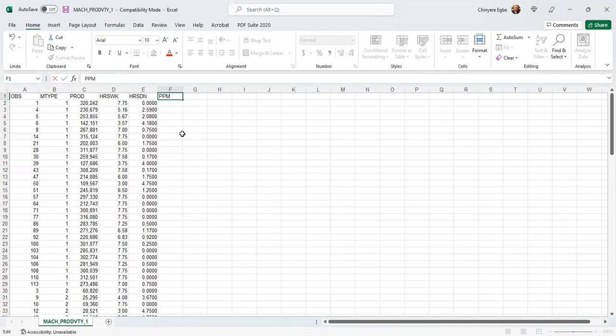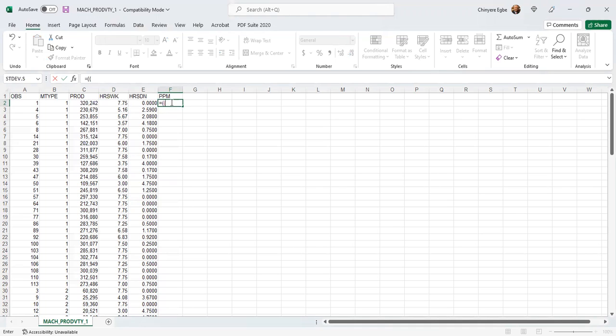Yes. Good. So how many parts does machine 1 produce per minute? Well, on this particular day, the machine was running for 7.75 hours, right? And so 7.75 hours is equal to what? 7.75 times 60 minutes. Am I correct?